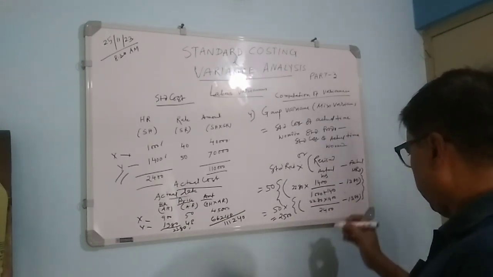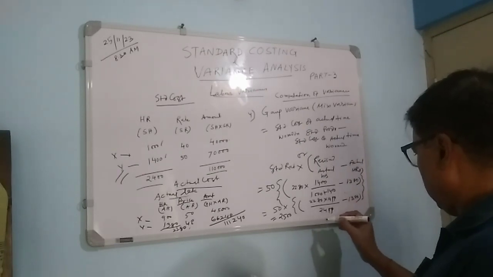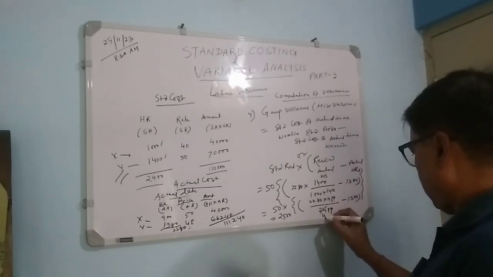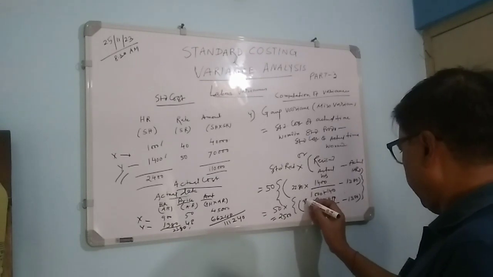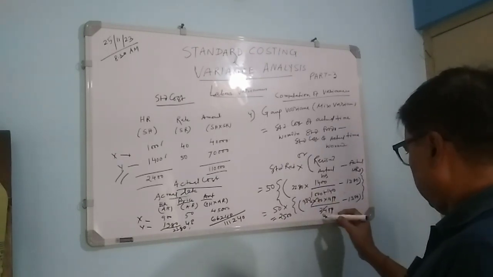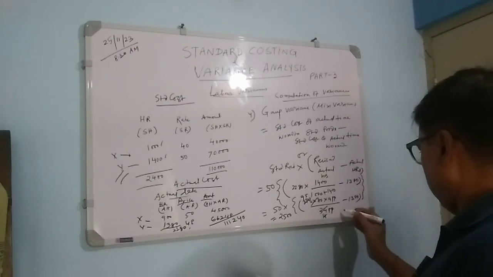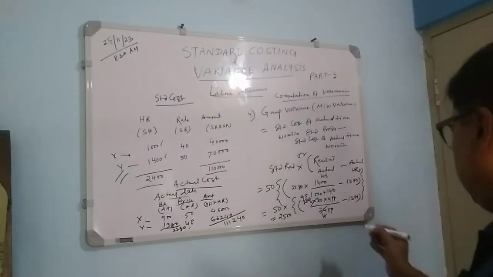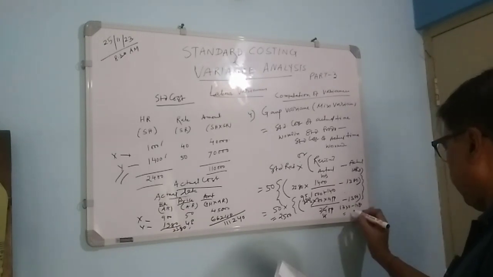So let us calculate this way. 95 into 14, how much? 95 into 14 will be 1330. 1330 minus 1380, so that is 50.